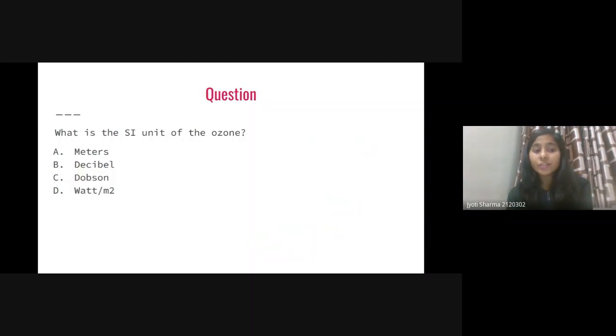Okay, now the question is about the SI unit of ozone. You know that in the stratosphere, good ozone is present, but what is the unit of measuring that ozone? We have four options: meter, decibel, Dobson, watt per meter square. So you have to tell me the unit by which we can measure ozone.